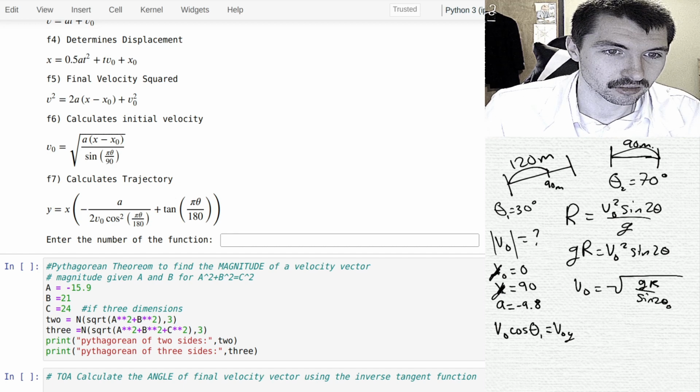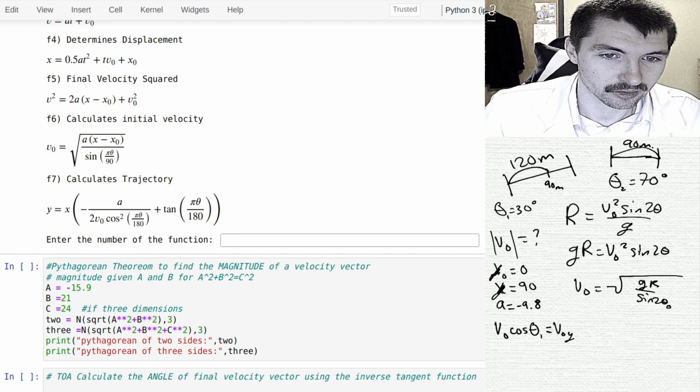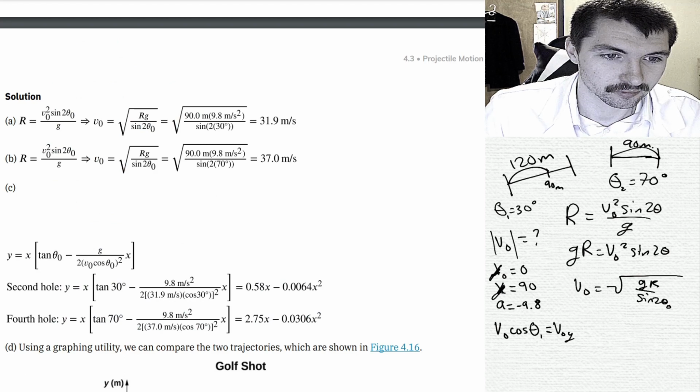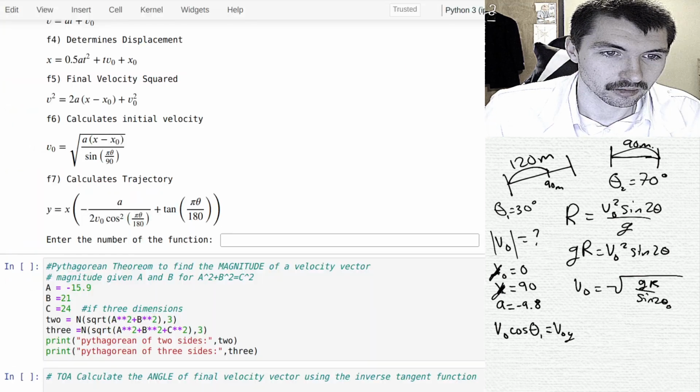Let me make sure. So x times tangent theta minus gravity over.